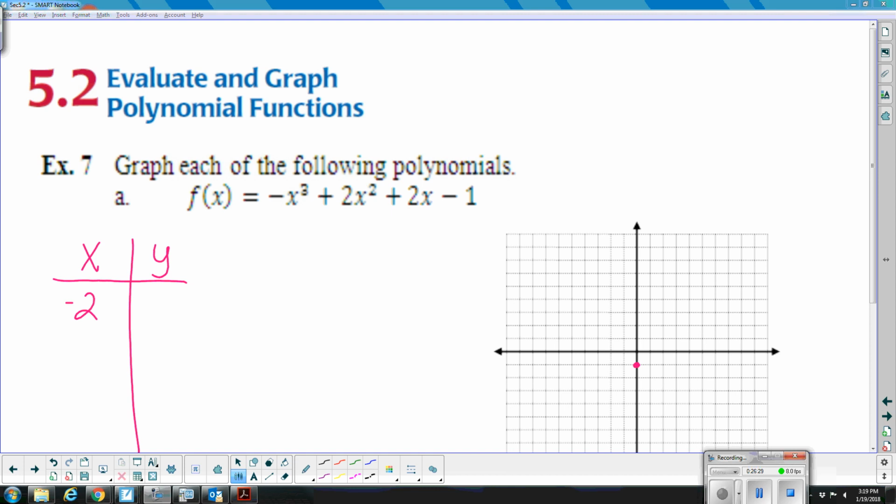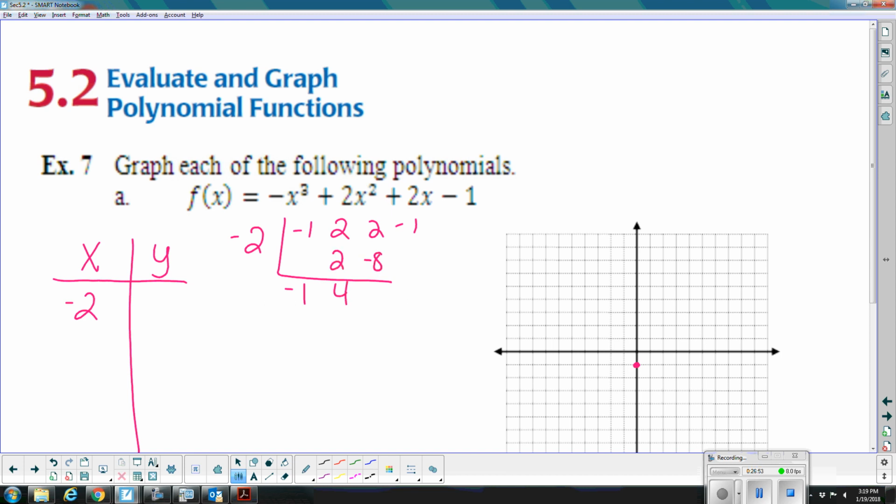Now you can either use direct substitution or synthetic substitution. It doesn't matter which one. So just to review, I'll do -2 with synthetic substitution. So I've got -2, and then -1 as my coefficient, 2, 2, -1. So -2 times -1 is 2.